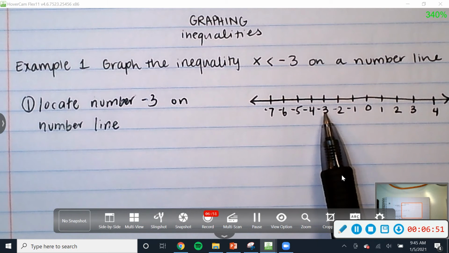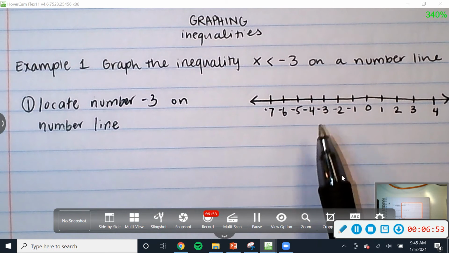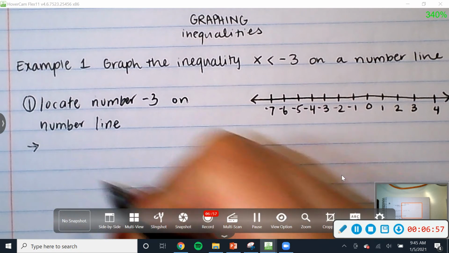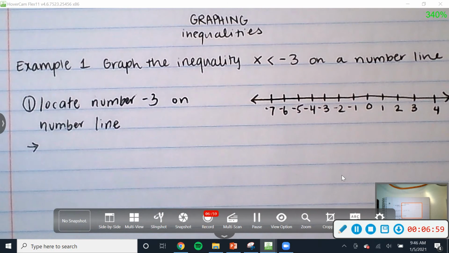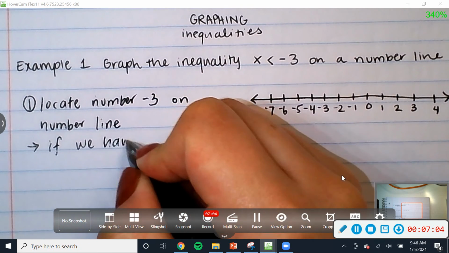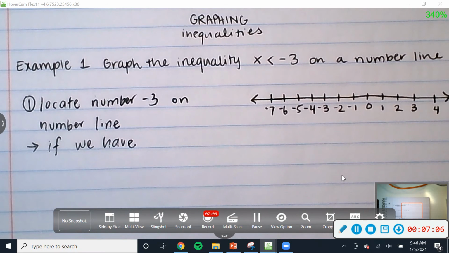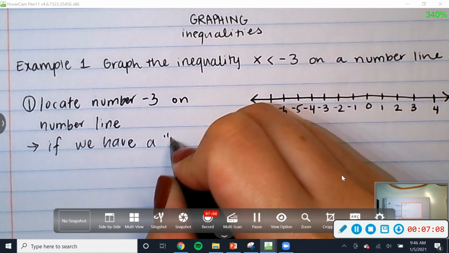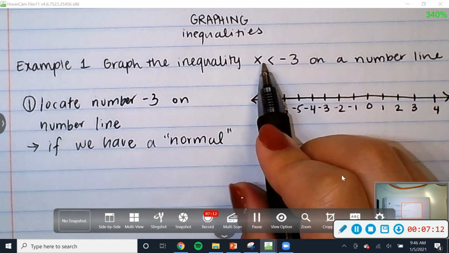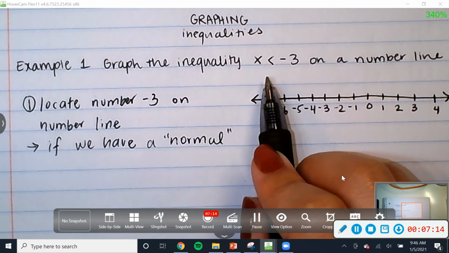Okay, but wait, before you draw a dot, we need to talk about what kind of dot to draw. So, if we have a normal symbol, and what I mean by that is that it's just the less than or greater than symbol. It doesn't have the line underneath.